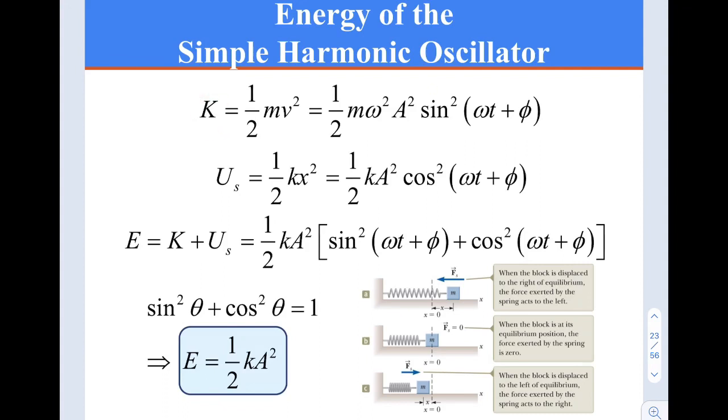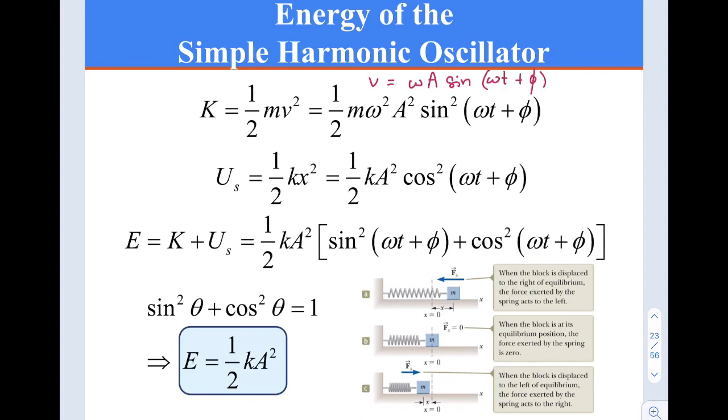So it has kinetic energy, which is equivalent to half mv squared. However, the v of the mass spring system is omega A sine omega t, so the whole bulk here is the v squared already. Let's recall v is equivalent to omega A sine omega t plus phi.